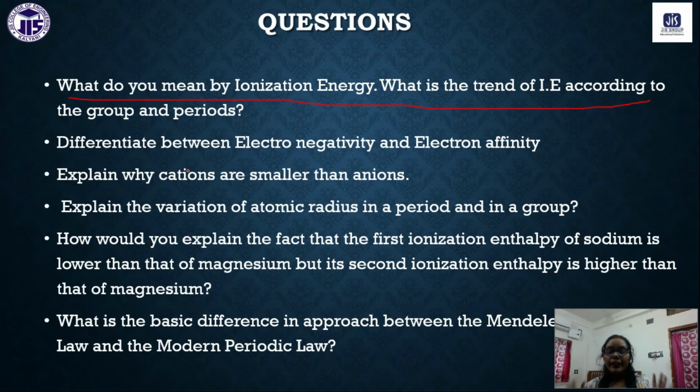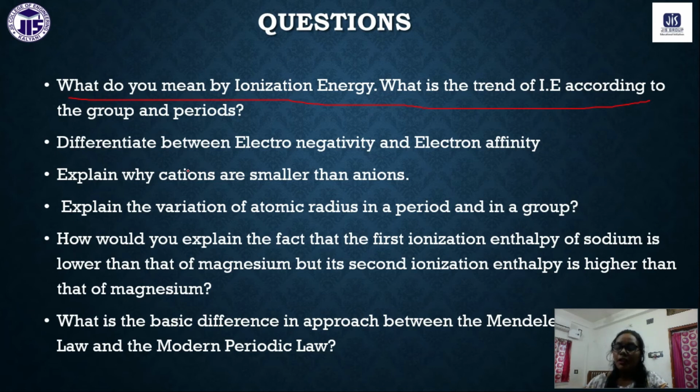Whatever minimum energy we require, because we have to destroy that attraction force, we have to provide some energy so that the electron can jump out from the outer orbital.